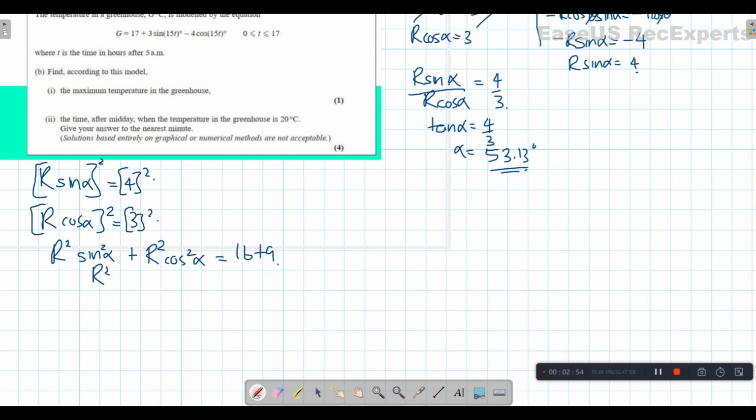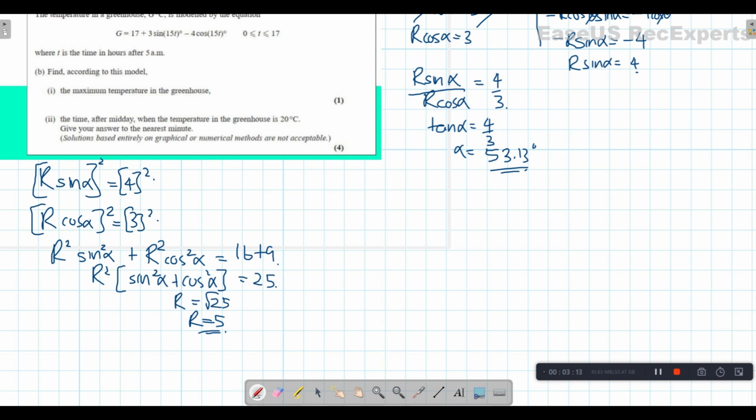Now r squared, using the identity sine squared alpha plus cos squared alpha equals 1, equals 25. Therefore r equals root 25. R equals 5.